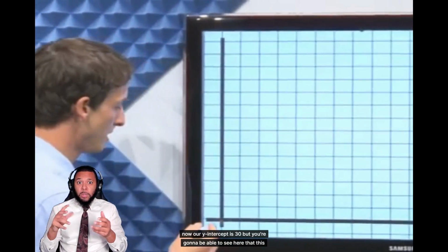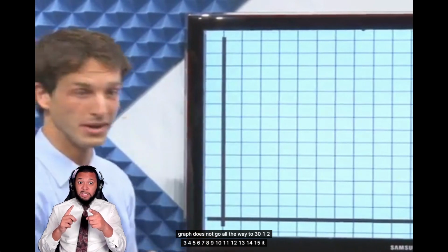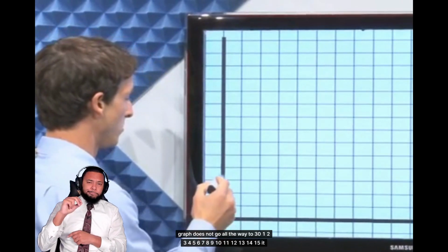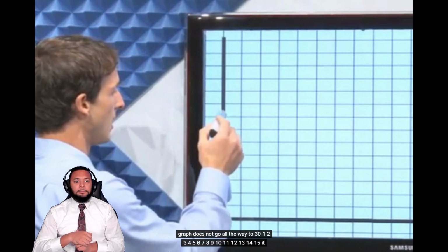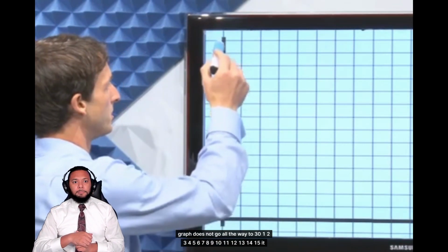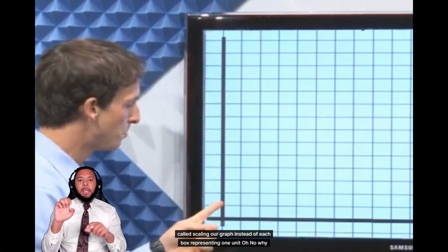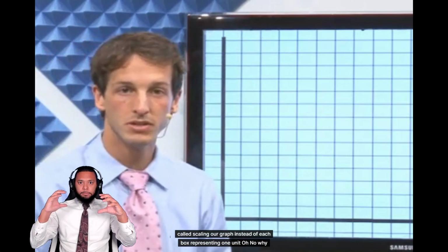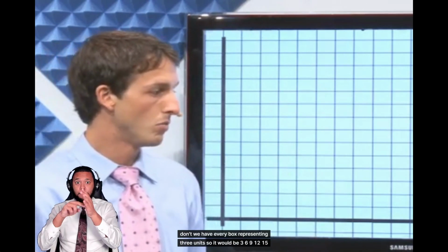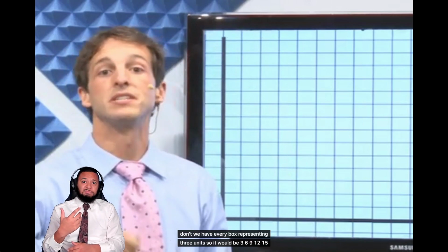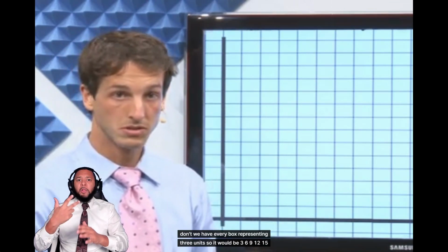But you're going to be able to see here that this graph does not go all the way to 30. 1, 2, 3, 4, 5, 6, 7, 8, 9, 10, 11, 12, 13, 14, 15. It doesn't go all the way to 30. So instead, why don't we do something which is called scaling our graph? Instead of each box representing 1 unit, why don't we have every box representing 3 units?